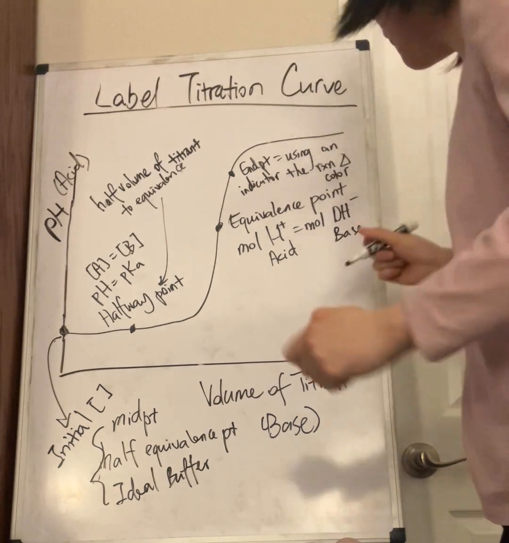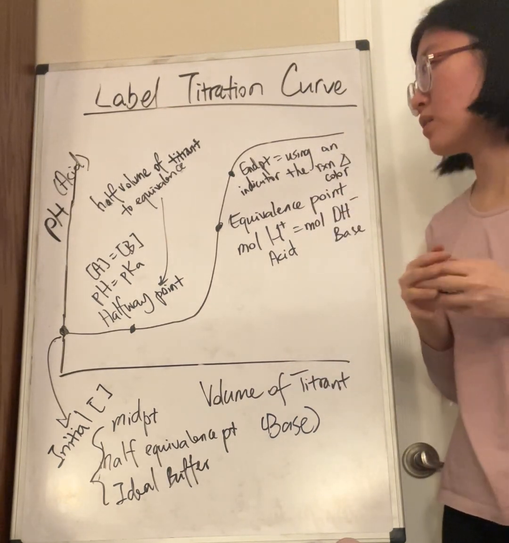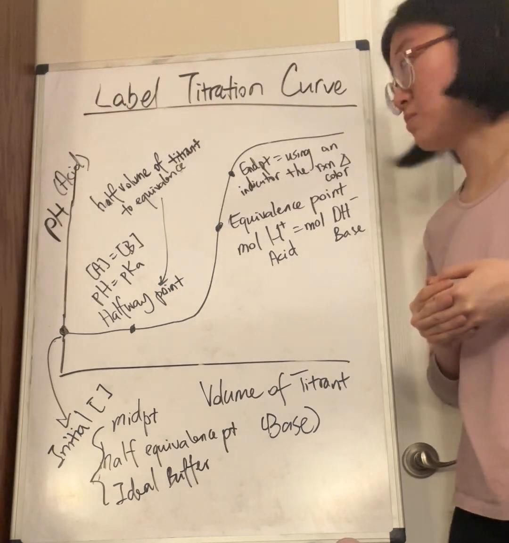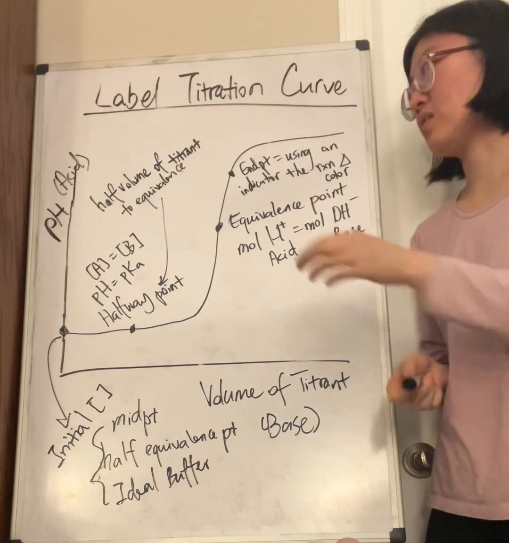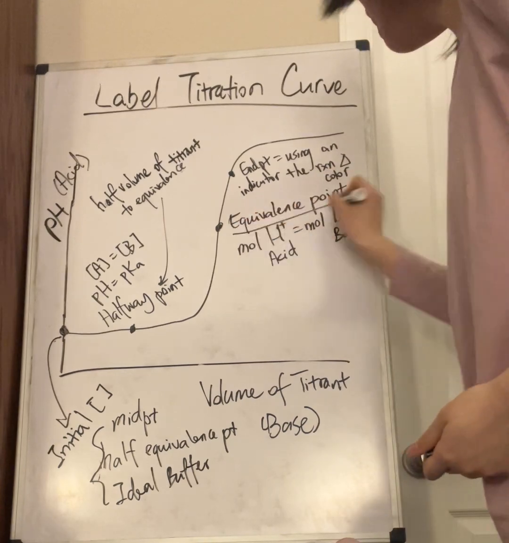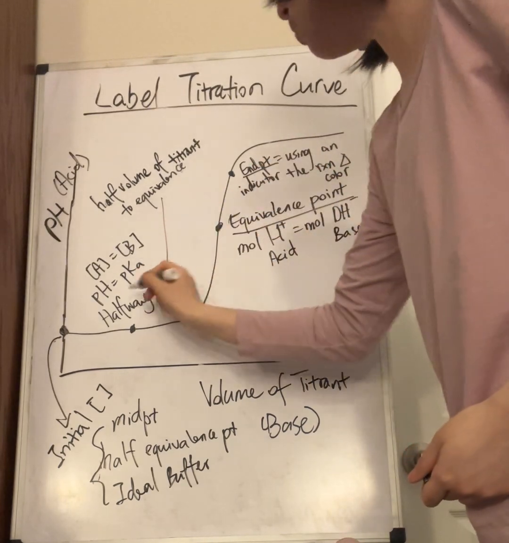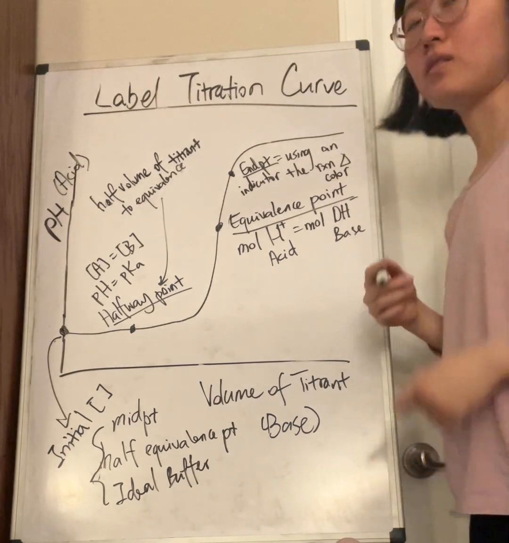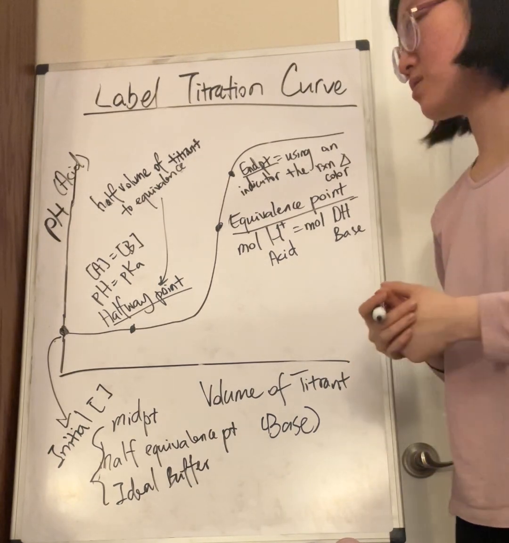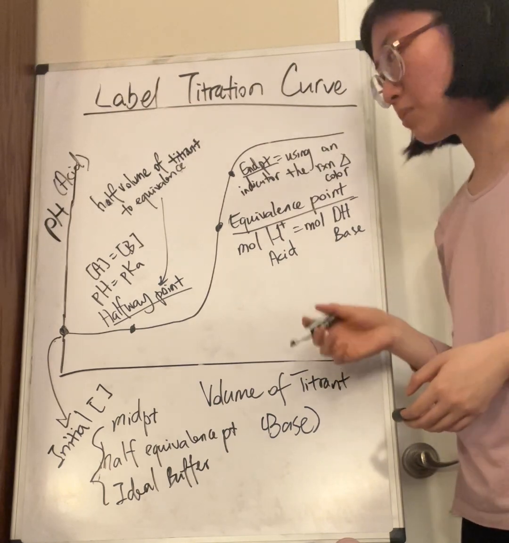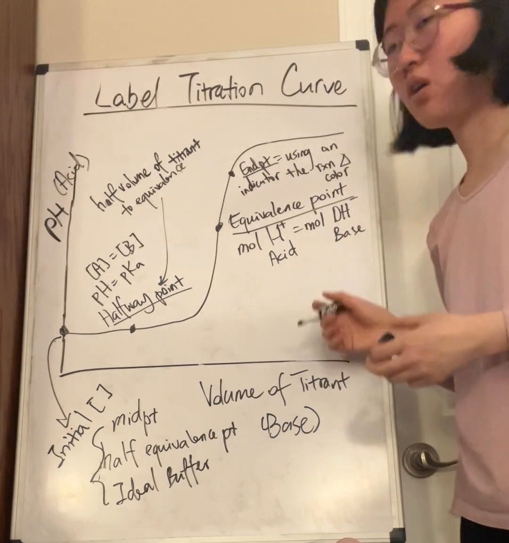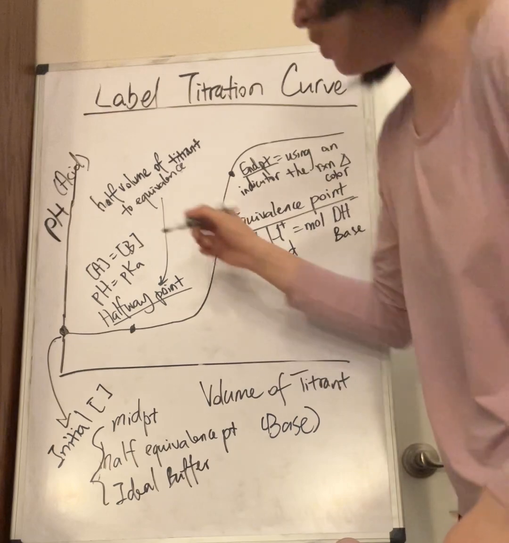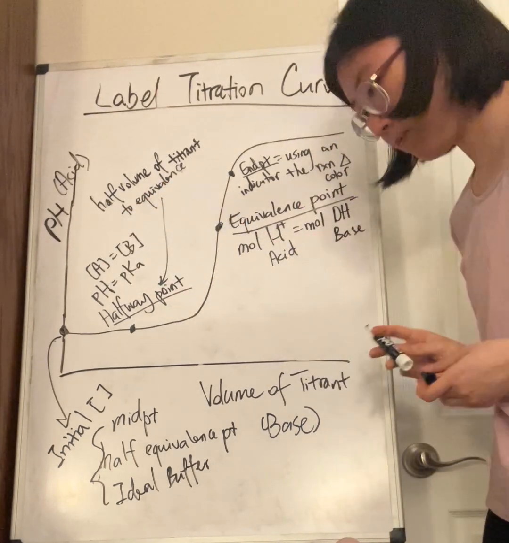So when you're in the lab, whenever you see that the solution has changed color, you know the reaction has reached the endpoint. These are the three most important points that quizzes or exams will definitely ask you to label and identify, and to know which point is doing what. This is the most important part.